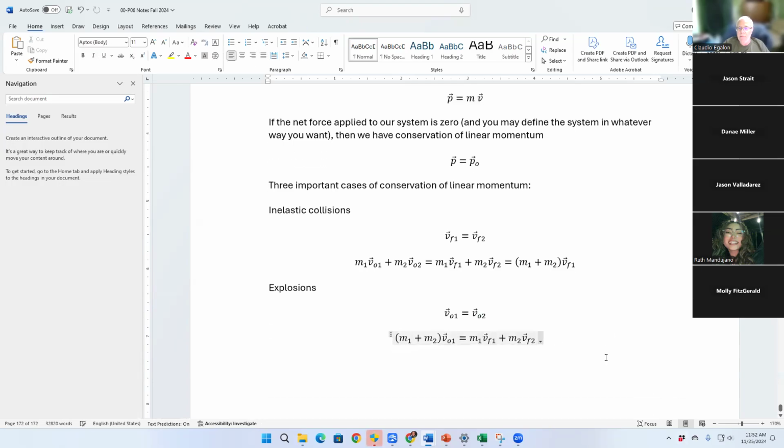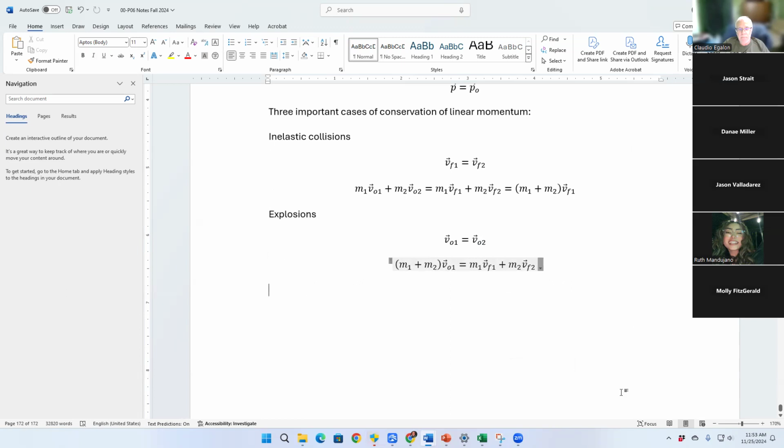That's what we have. If you know the amount of internal energy stored before the explosion, you can solve this problem. You can completely solve this problem.